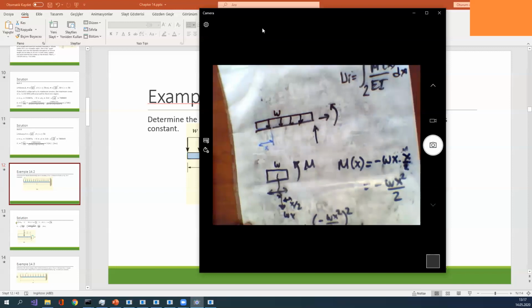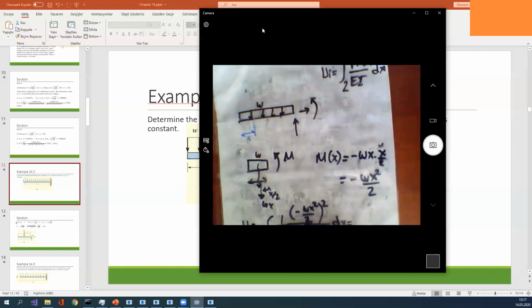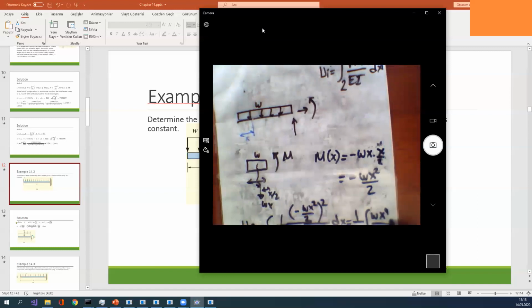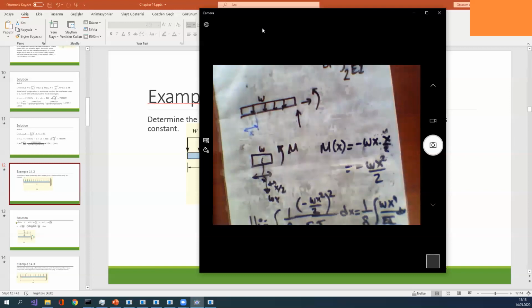After that, 1 over 4, 1 over 4, 1 over 8 times the integral of omega squared x to the power 4 divided by EI dx. Omega is constant.